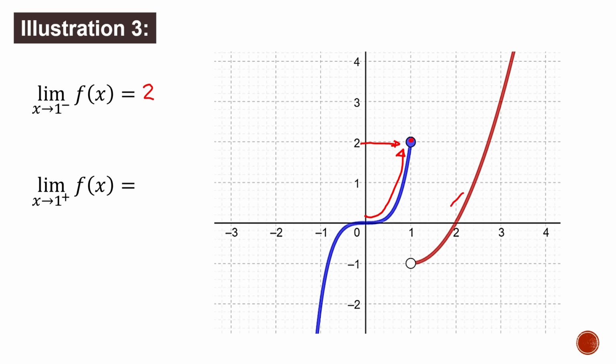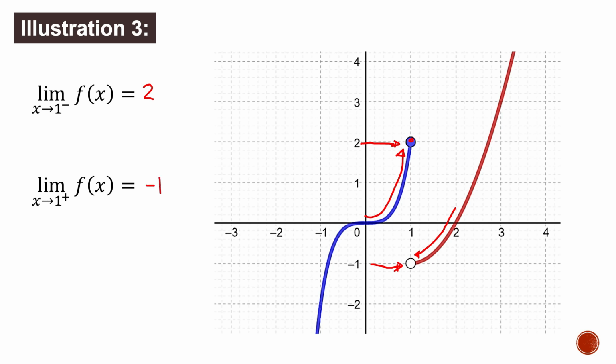That means this side. It's not going to be defined when x equals 1, but it is approaching negative 1. Right. So this is negative 1.